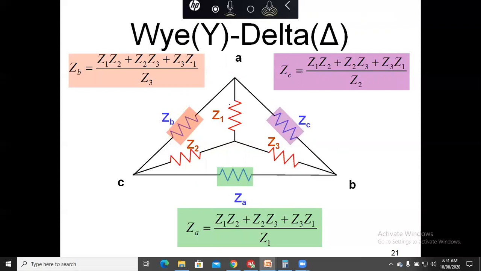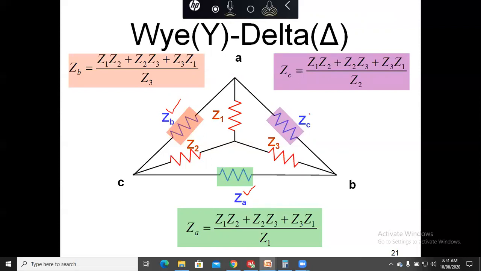Y to delta is that we have known the value of these three impedances, which is of the delta network, ZC.